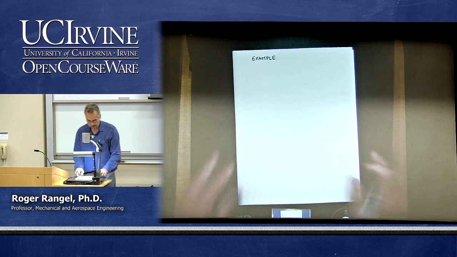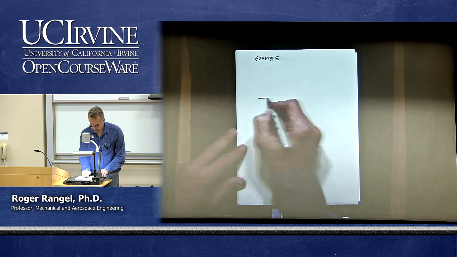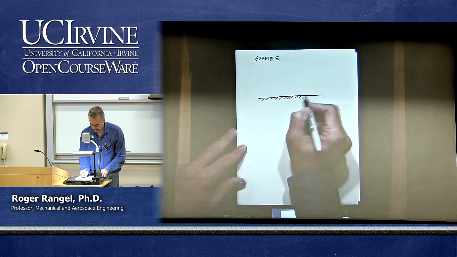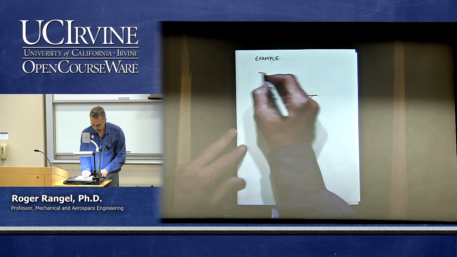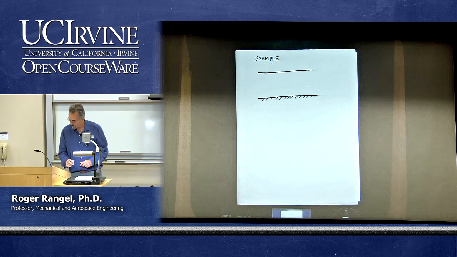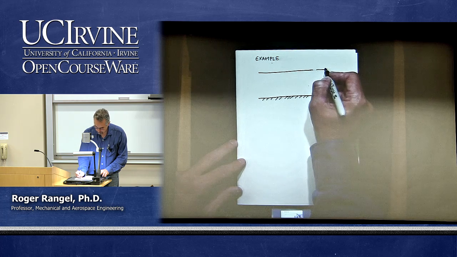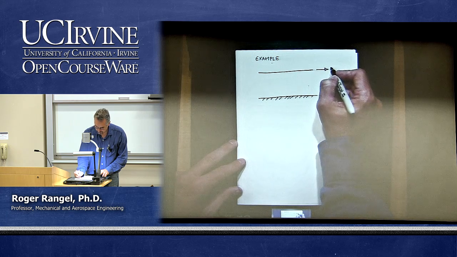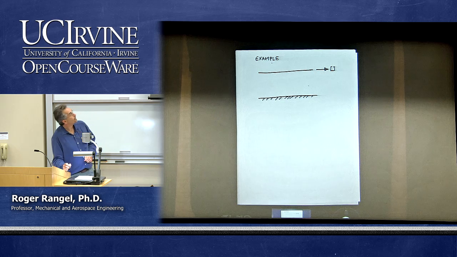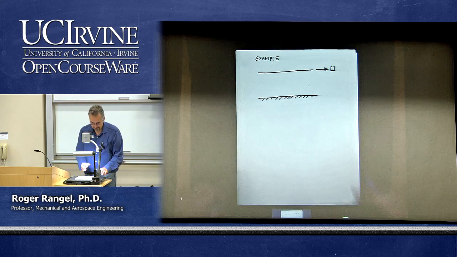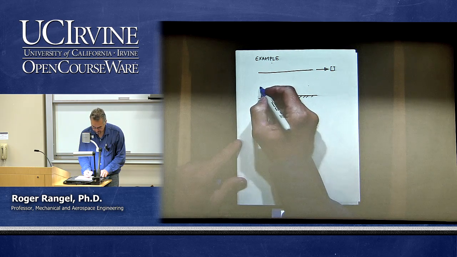So let's say that I have the bottom plate as before, which is fixed. I have the top plate, which is the one that I am pulling with a certain velocity u. But what I'm going to do now is introduce a third plate somewhere in the gap, not necessarily in the middle.